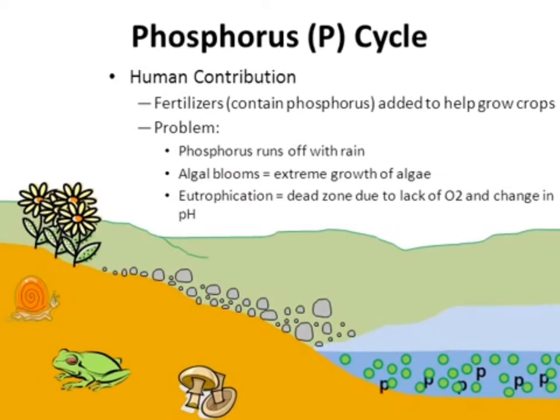The water almost becomes oxygenless. It becomes void of oxygen because the bacteria are using it all. Therefore, snails, fish, and other animals that live in this water begin to die because there is no oxygen. The extreme growth of algae also often causes the pH of the river or lake to change, and that's another reason why the lake can become a dead zone.